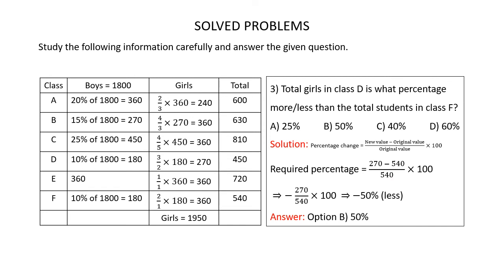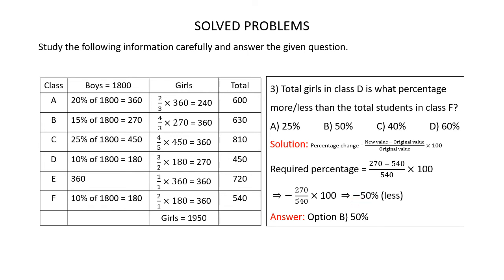Now the total number of girls in class D according to this table is 270. So the required percentage is equal to 270 minus 540 divided by 540 multiplied by 100. This is nothing but minus 270 divided by 540 multiplied by 100, which is minus 50%.